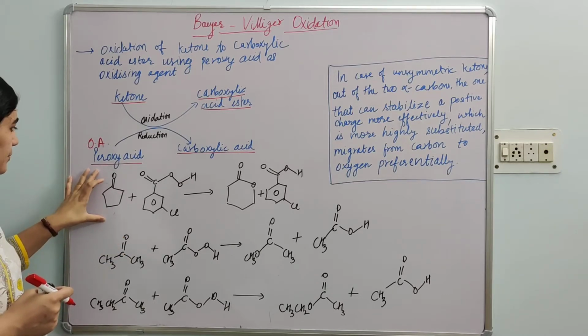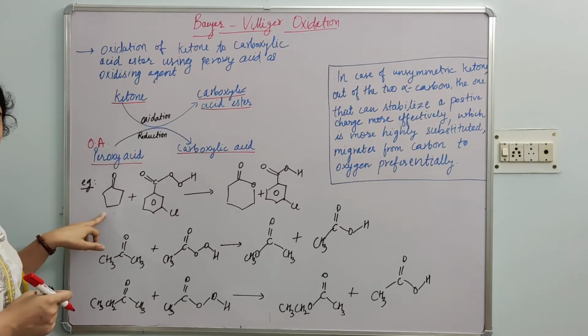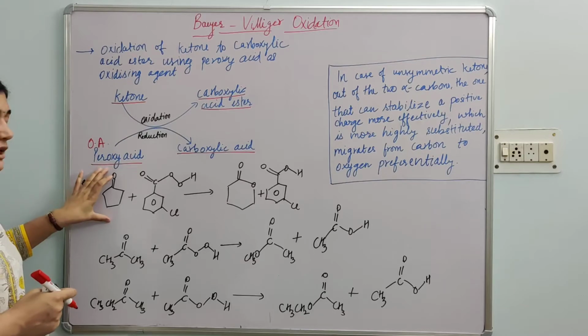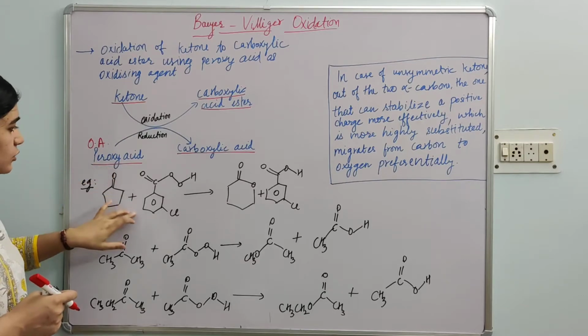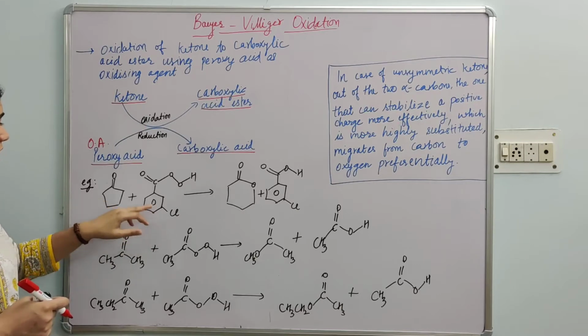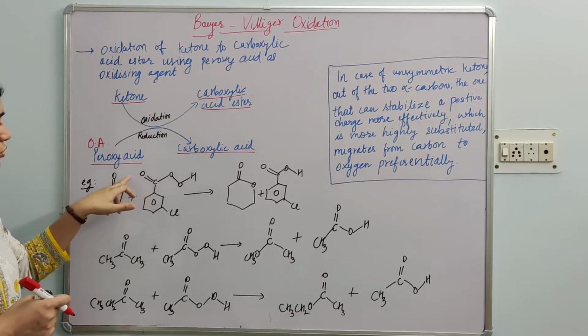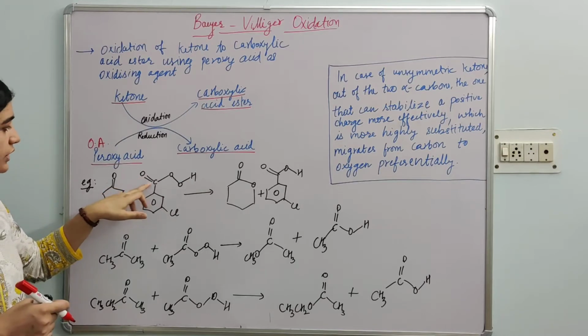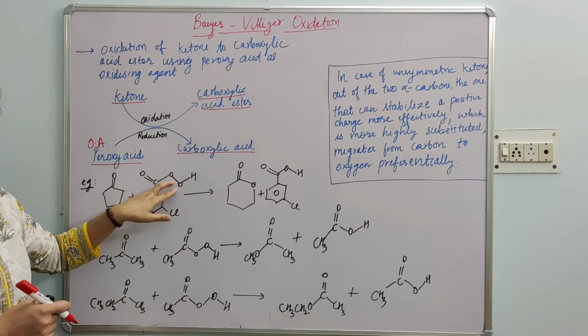Let's take an example. We have cyclopentanone. This is cyclopentanone. We are reacting it with a peroxy acid. It looks like a carboxylic acid, but if you see carefully, there are two oxygen atoms here.